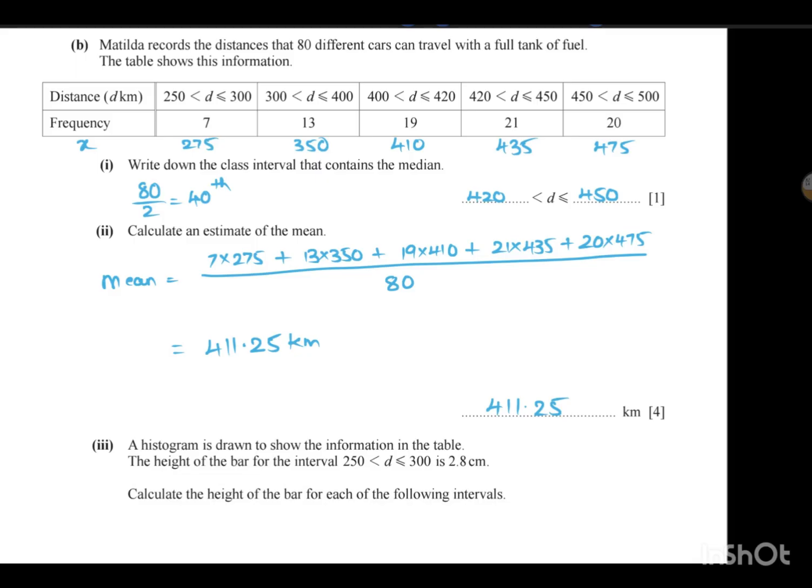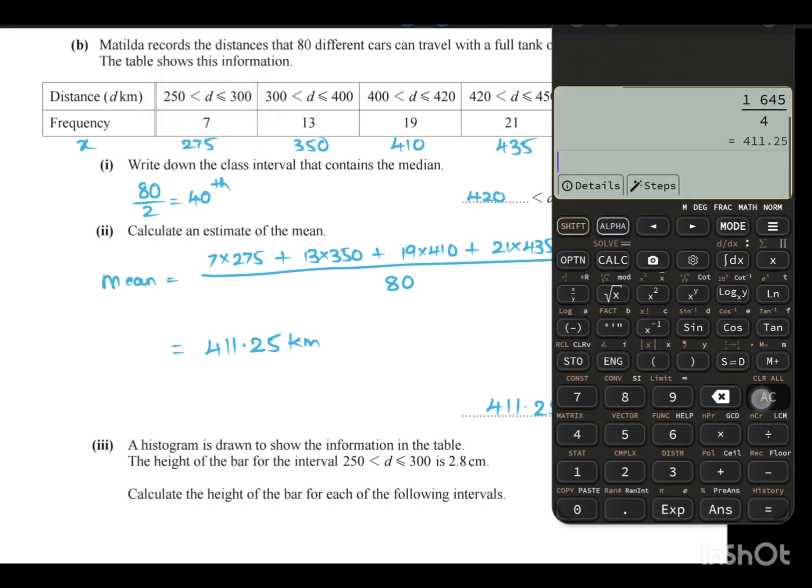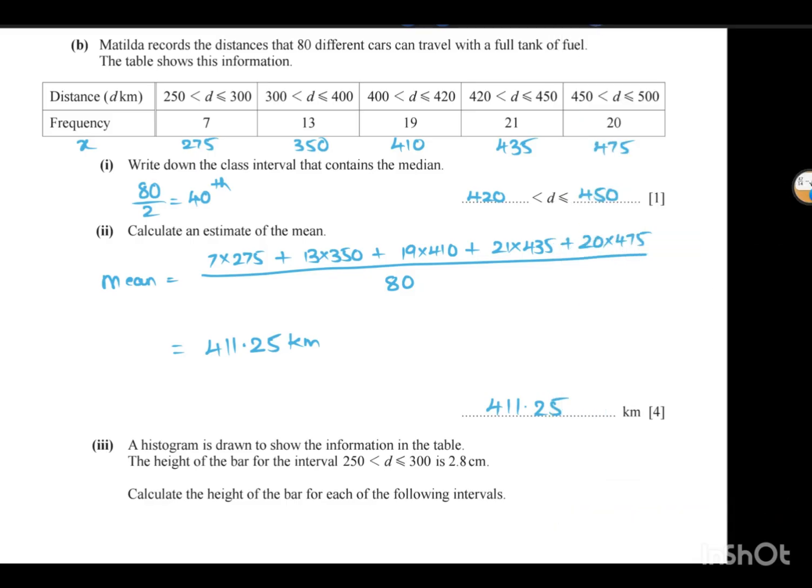Frequency density of the first class is 7 divided by the class size, which is 50 here. So 7 divided by 50 is equal to 0.14. So let me write the frequency densities for each class one by one. 0.14 is the frequency density.